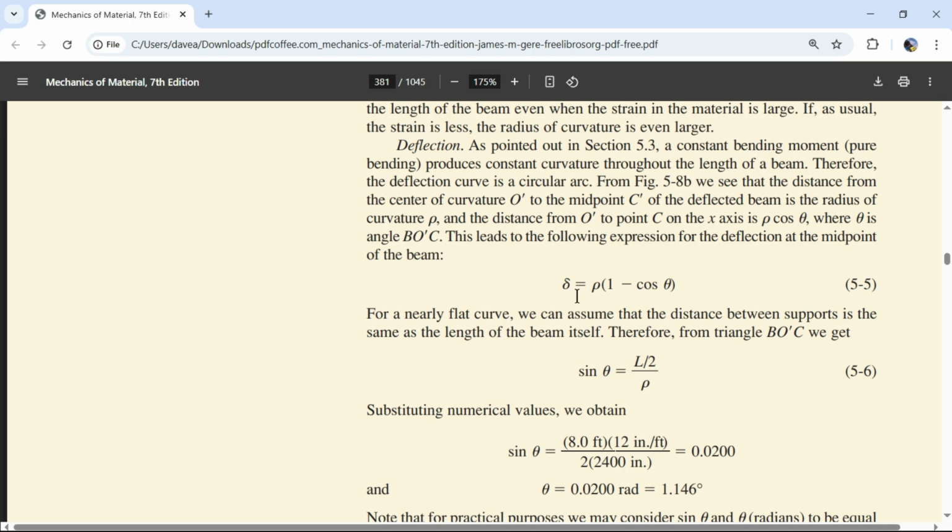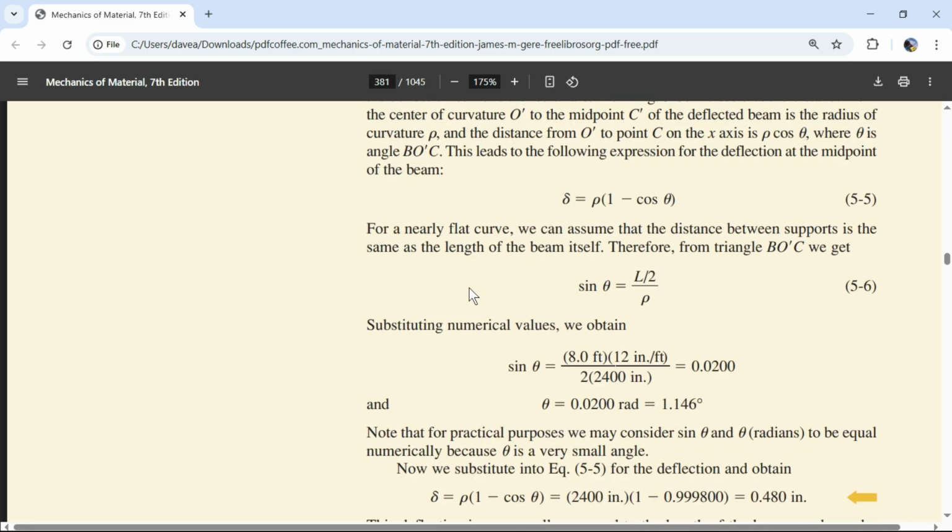And so that's where we have, therefore, from triangle BO prime C, we get sine theta. So the sine component is equal to the sine component divided by the radius. So sine of the angle is the sine component, the opposite, divided by the hypotenuse, and that's going to be the radius rho.